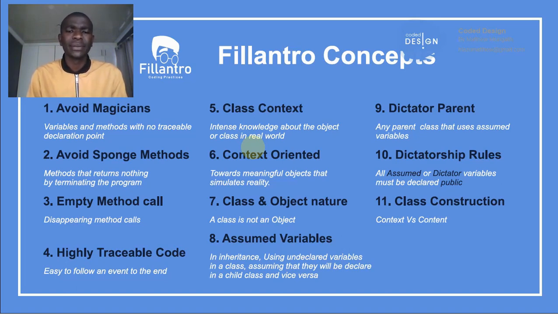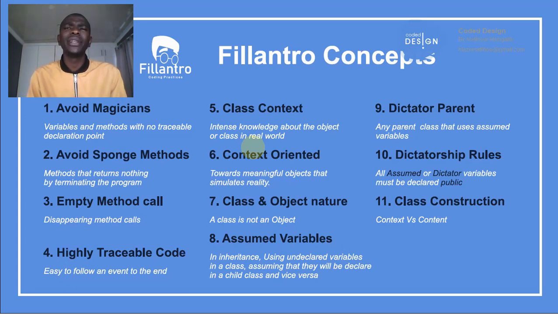Point number 6, context oriented. This point also talks to point number 5, towards meaningful objects that simulate reality. So I'm trying to say we must make it a practice to be context oriented, meaning that our classes must be an exact simulation of real life.